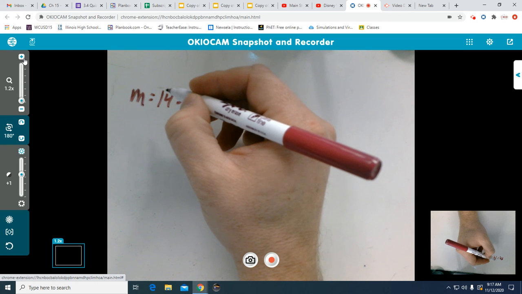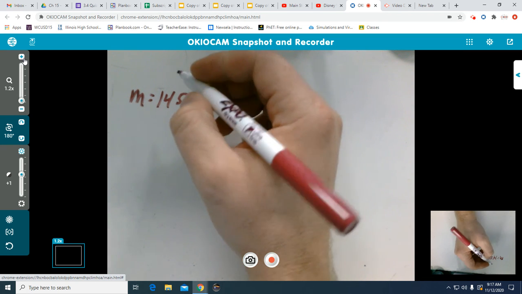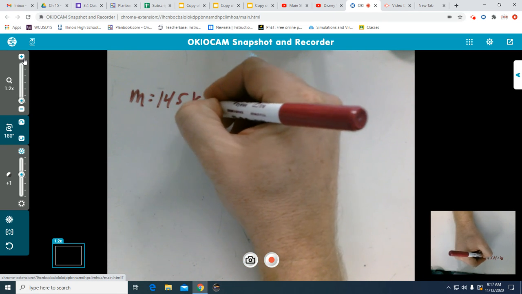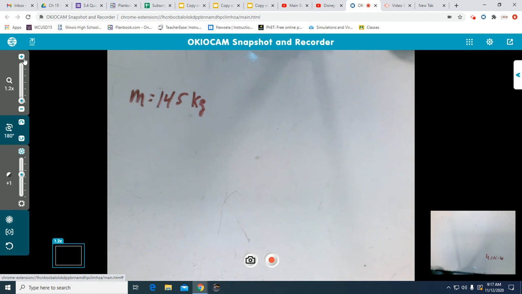Okay. Let's look at A. A 145 kilogram aluminum sculpture across a horizontal steel platform. So aluminum on steel has a mass of 145 kilograms. Now we look at the table.